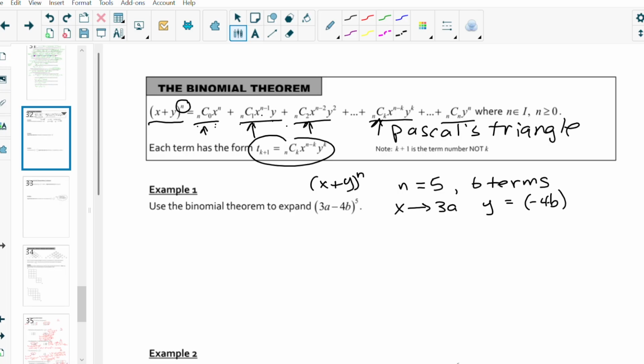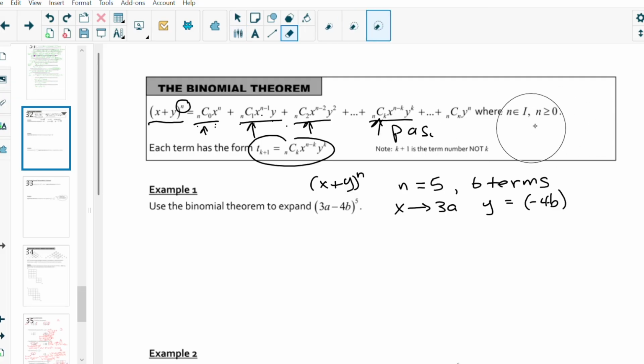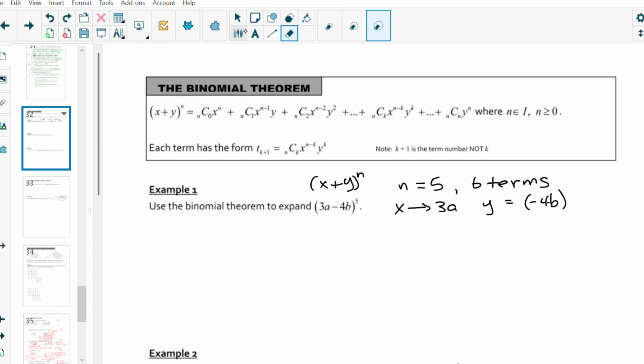Okay, so I'm going to clean this up a bit here before we get going. Our first term, I'm going to build this using the binomial theorem. First term is nC0 x to the n. So n is 5, 5C0.